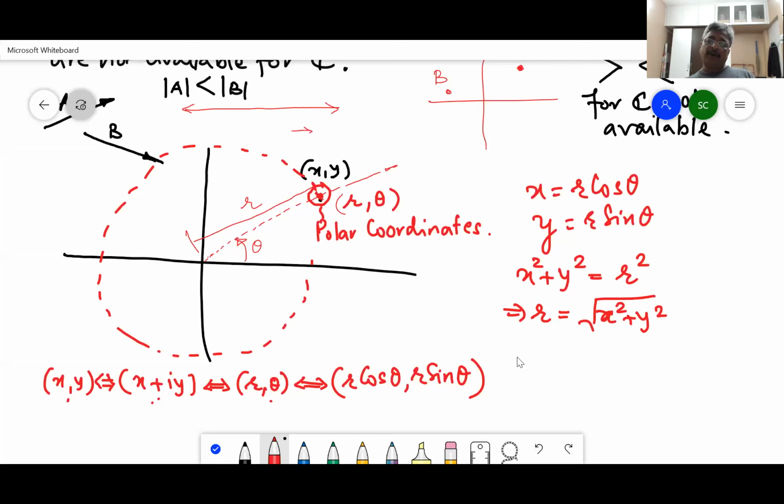Right? And if I take the ratio, y by x is tan theta. So theta should be such that tan of theta is the imaginary part of a complex number divided by the real part.